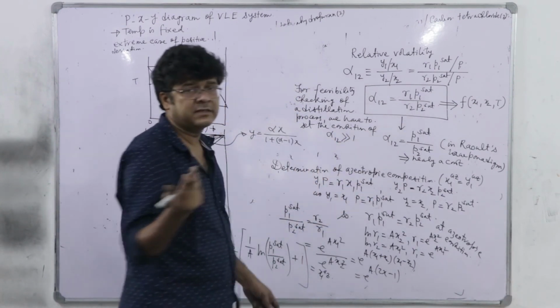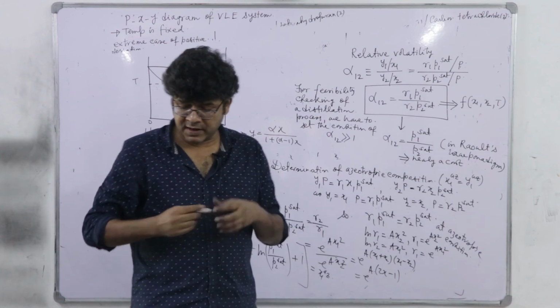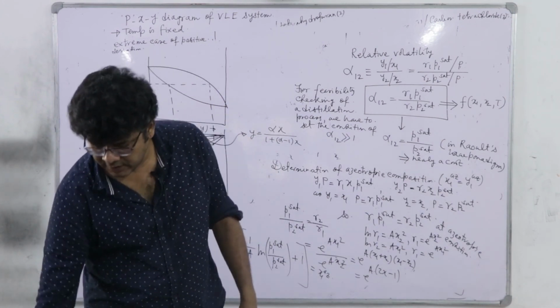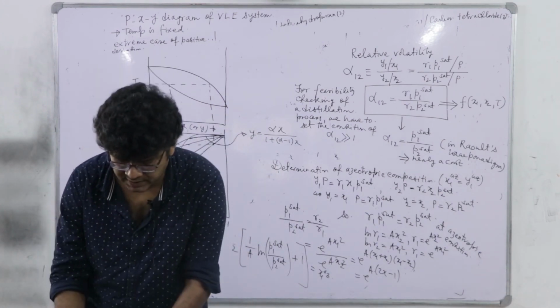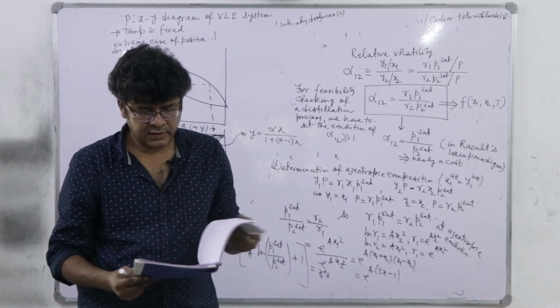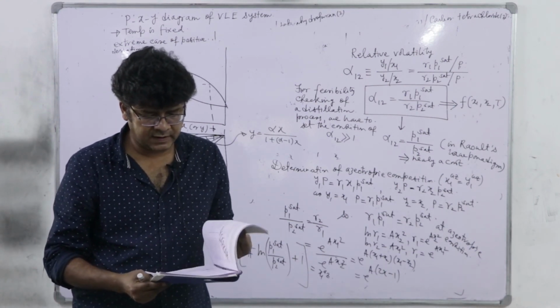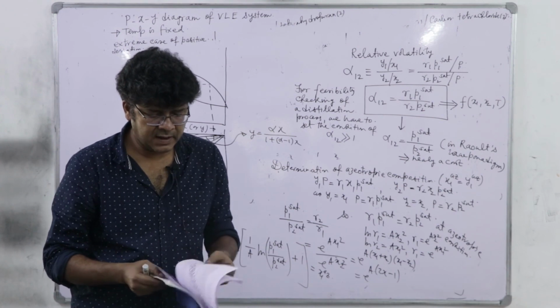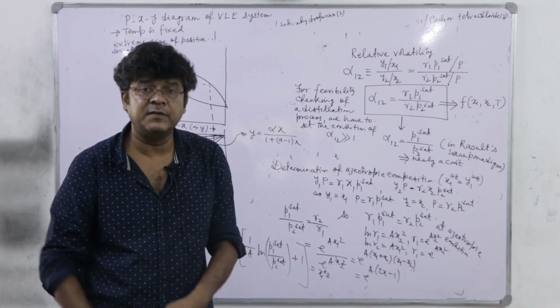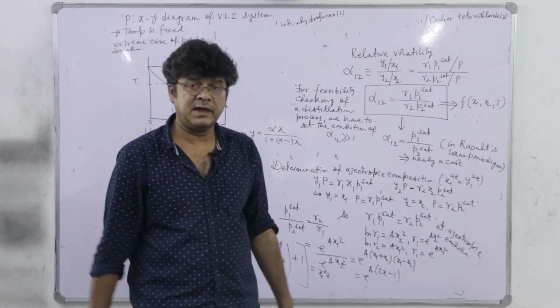It is pretty obvious, otherwise we cannot separate, and when alpha is close to 1, it has a very low separability, or maybe it is leading to an azeotropic condition. So that is all about the basic discussion of VLE. In the next session, we are going to solve the 4 different types of VLE problem. Thank you.